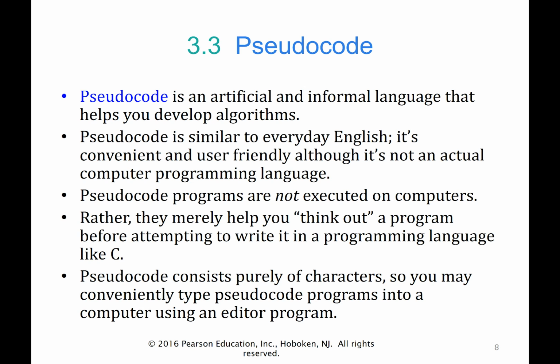Now you do this in a way that, and this is experience, you can easily translate it over to a programming language. Pseudocode for a C program is going to look very much like pseudocode for a Pascal or a Fortran program. What are the steps required for this program to do its thing?